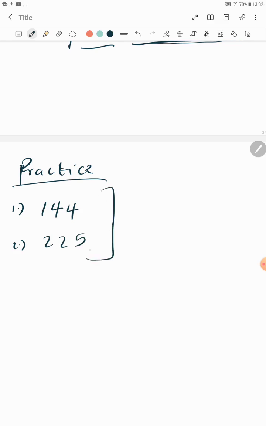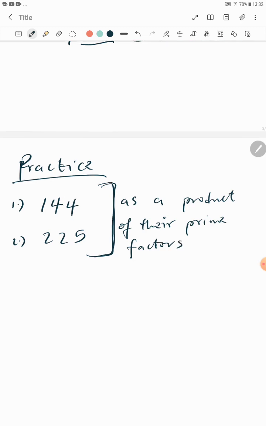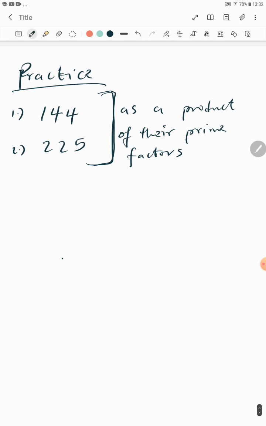Just try these two. Try to write these two as a product of their prime factors. I'm sure you can simply try this.